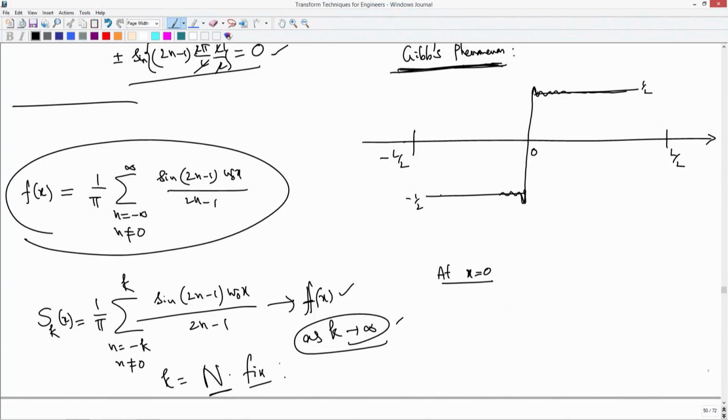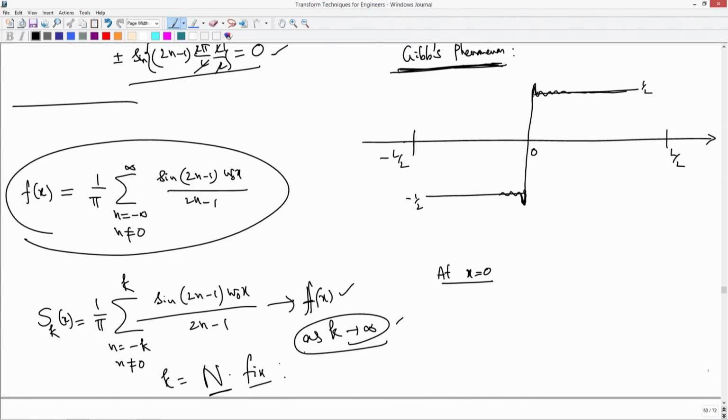If you plot it, you will see that. Maybe I will show you later in Mathematica how the finite sum of a Fourier series looks at discontinuous points. You will see an overshoot, that means the value at the end point is more.